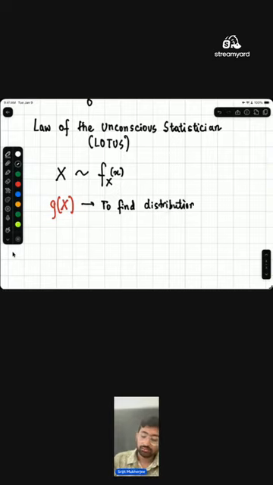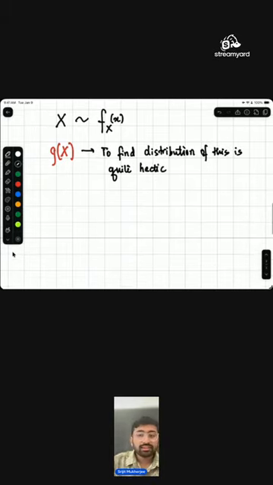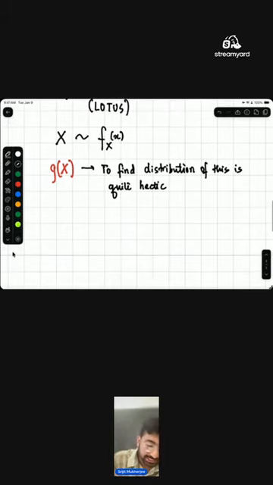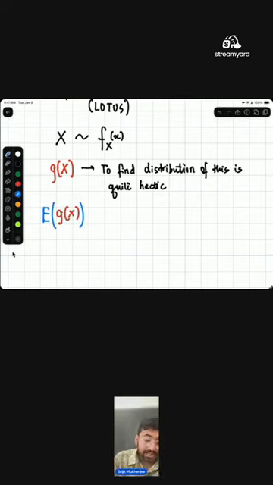I'm telling you, finding the distribution of this is quite hectic, if it's not a usual function. But the law of the unconscious statistician says that if you want to find the expectation of this g(X) random variable, it has a beautiful expression.